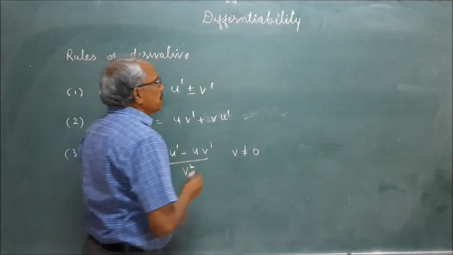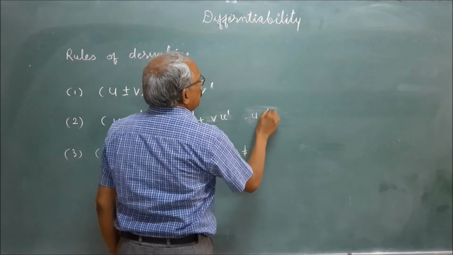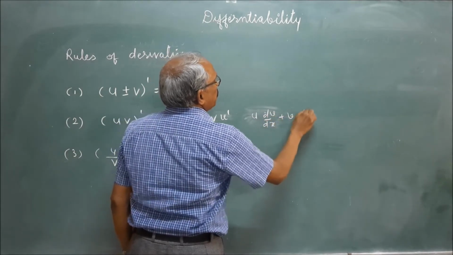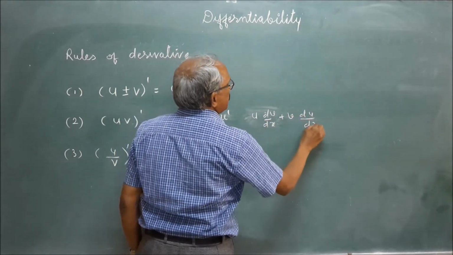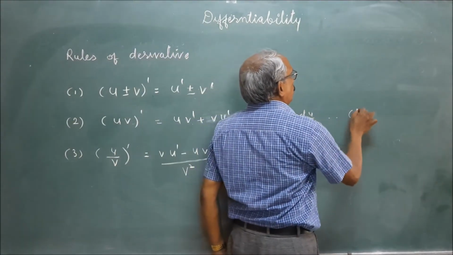We can also write this as u into dv by dx plus v into du by dx. This is also called the product rule.